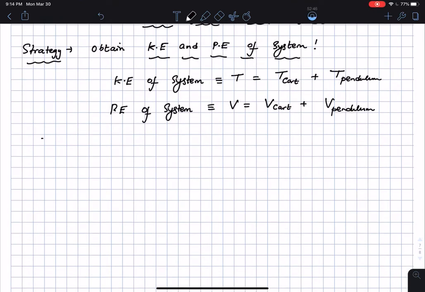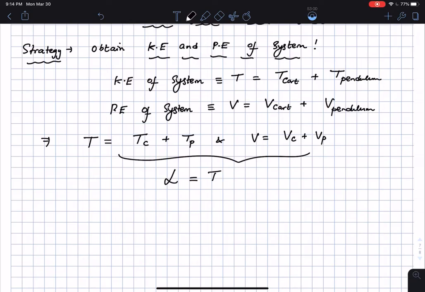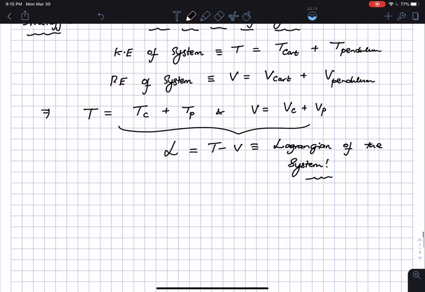And then the Lagrangian is going to be T minus V. This is the Lagrangian of the system. That's our first step here.